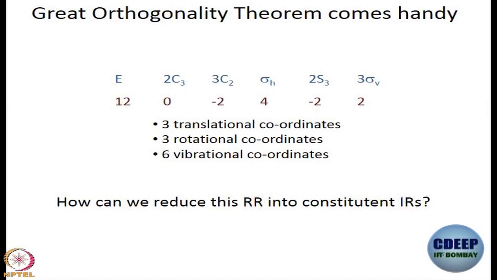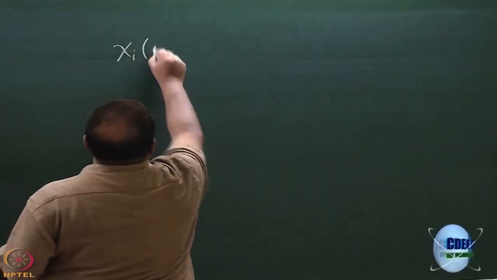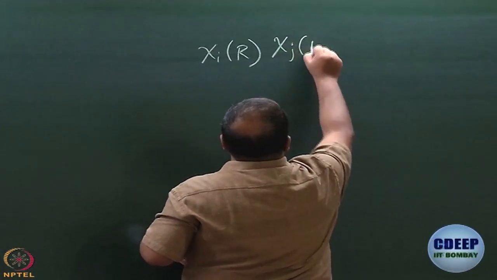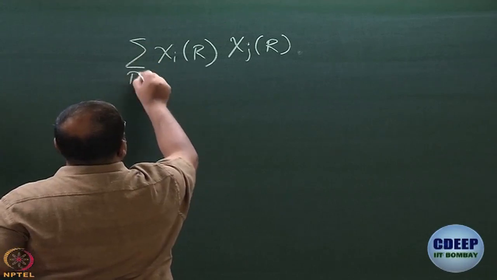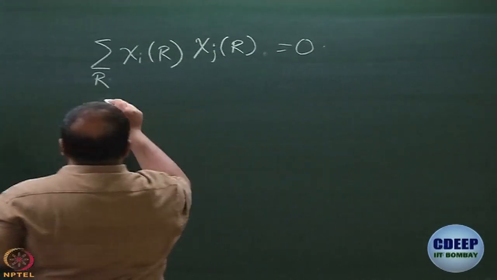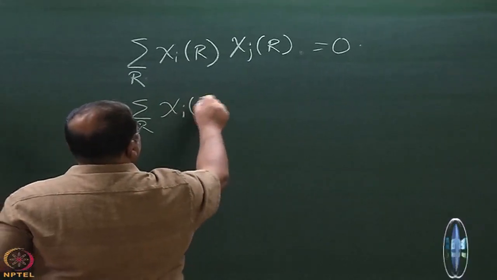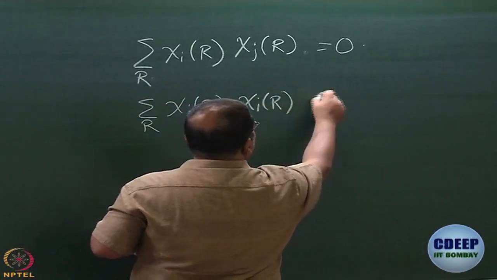So, from there we had written some 5 rules, one of which was chi i(R), chi j(R). If you multiply them and sum over all R, then you get zero, and if you sum over chi i of R multiplied by chi i of R, then what do you get?